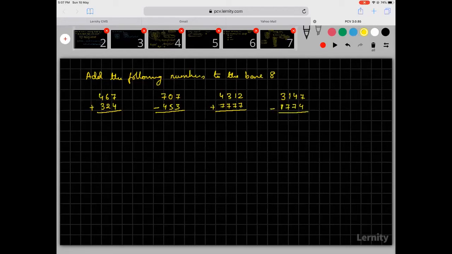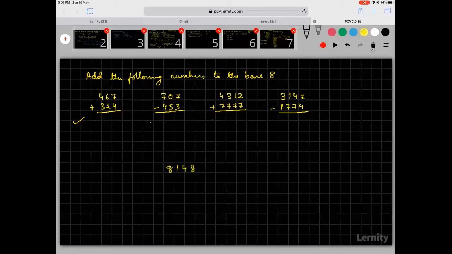Okay, add the following numbers. So this is addition here. This is subtraction, addition, subtraction. Kindly do this. Do it on a white sheet of paper. Send it to me. I'm not expecting all of you to understand. If all of you understand, great. But if you have not understood it, don't worry. It's my job to explain. So don't think that you have to give only the right answer. Whatever you understand, you explain. If you want me to do a subtraction, I'll do one subtraction.